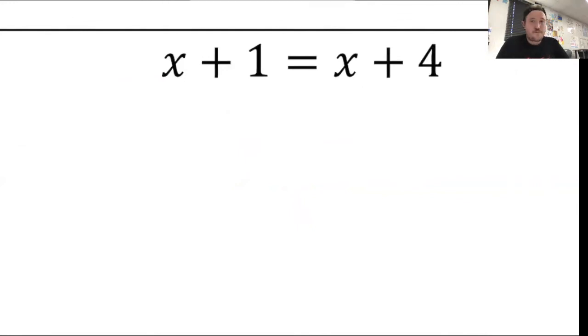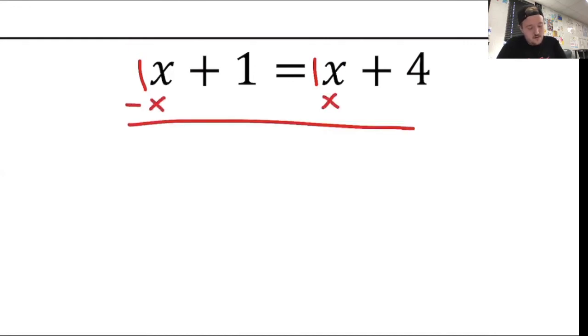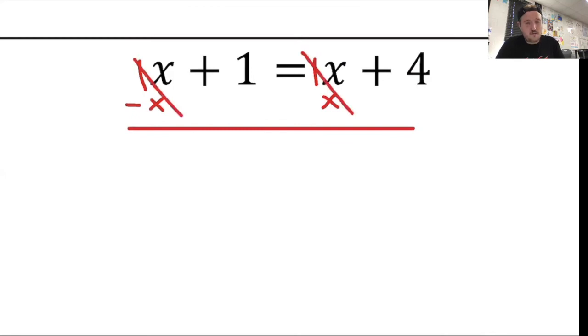All right, so what I'm gonna do here is, just like before, start with moving the variables, but you wanna move the smallest one. So if you look here, we have 1x and 1x. Well, they're the same thing, so how do you know which one to move? Well, trick question. When you subtract x on both sides, they both zero out.